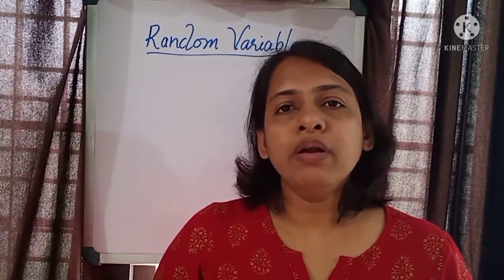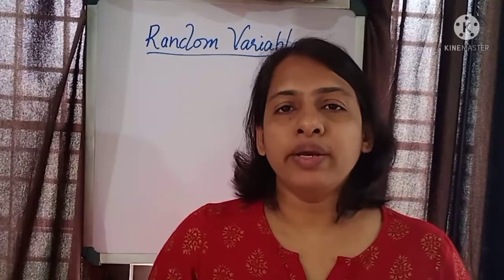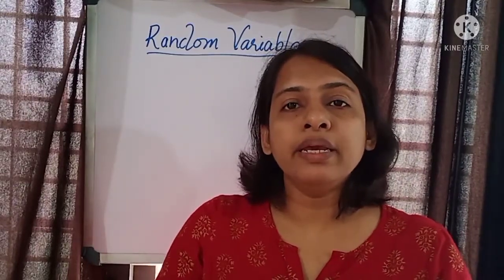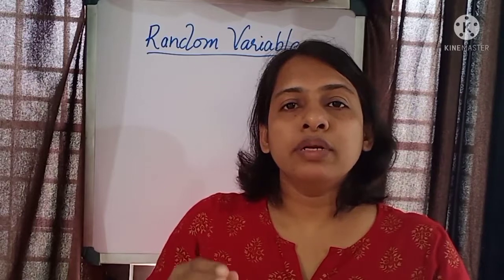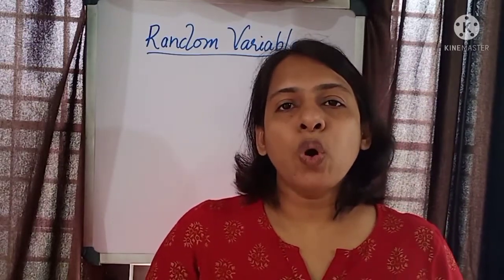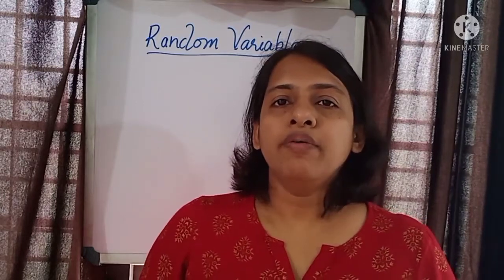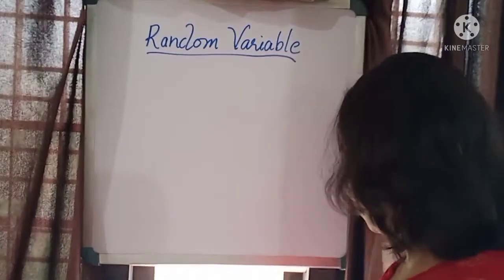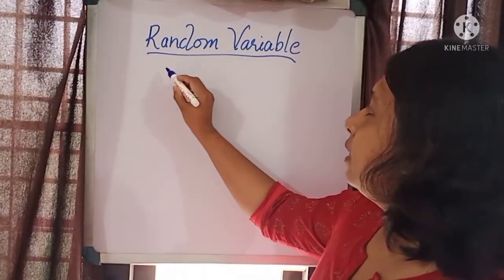For example, tossing two coins is a random experiment. That is, its results depend completely upon chance. So when we toss two coins, we will have the following results.